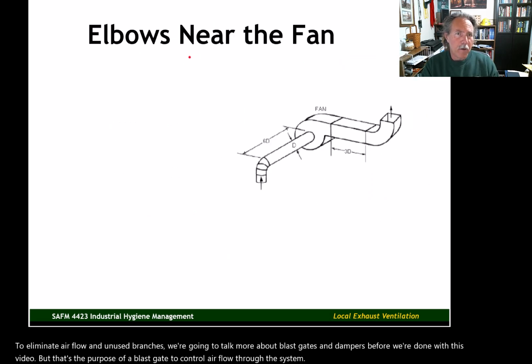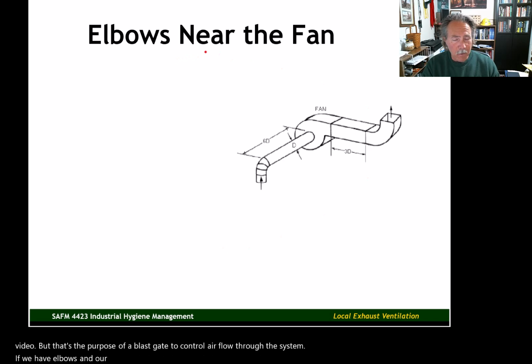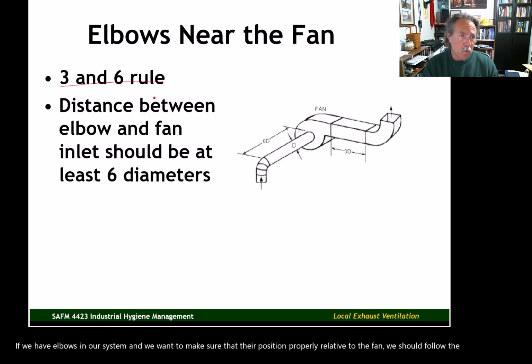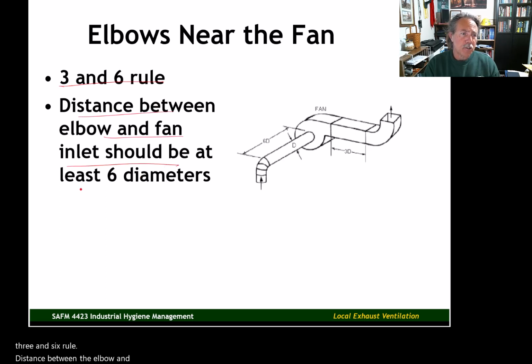If we have elbows in our system and we want to make sure that they're positioned properly relative to the fan, we should follow the 3 and 6 rule. The distance between the elbow and the fan inlet should be at least 6 diameters.